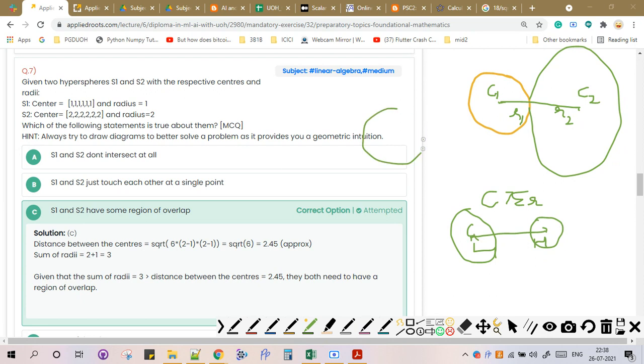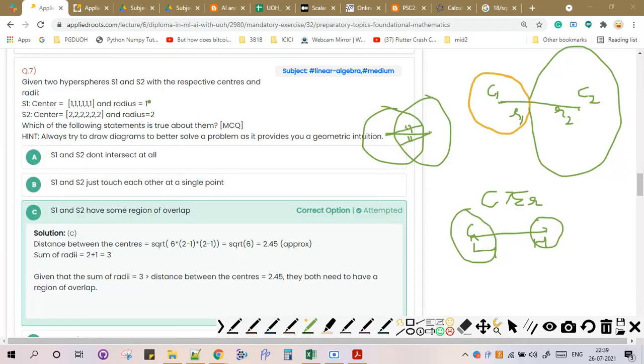And if they are intersecting each other, then the distance between C1 and C2 would be less than R1 plus R2. R1 is this and R2 is this. So the summation of R1 and R2 would be greater than C1 C2, the distance between the two centers, right? So using this knowledge, let's try to solve this.